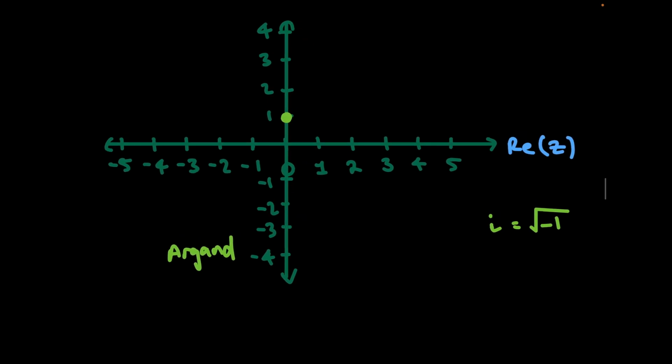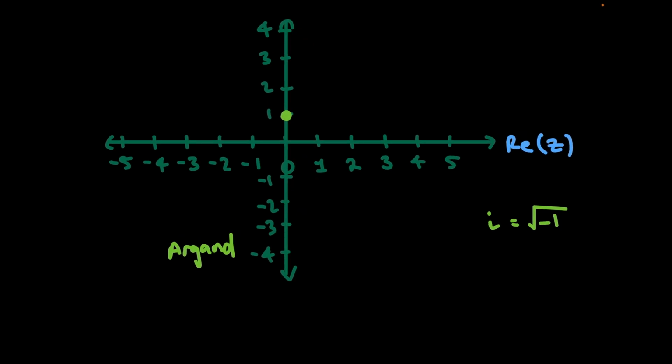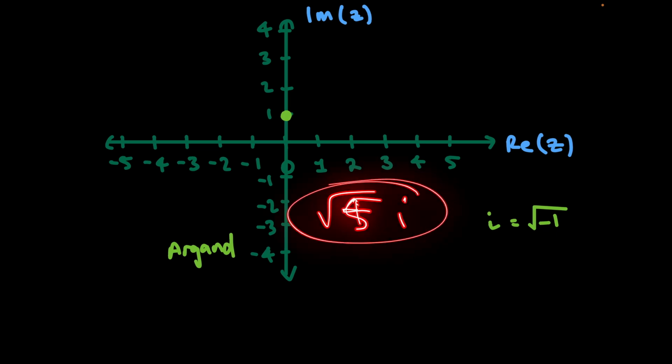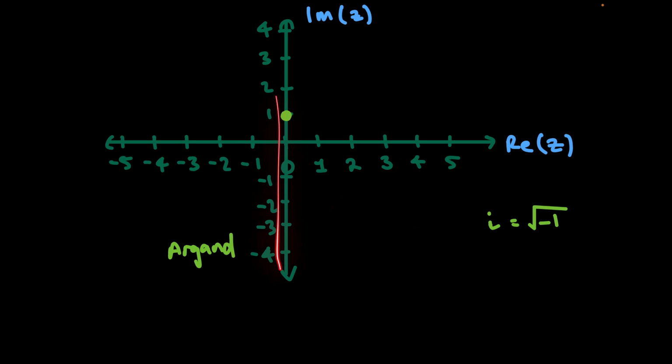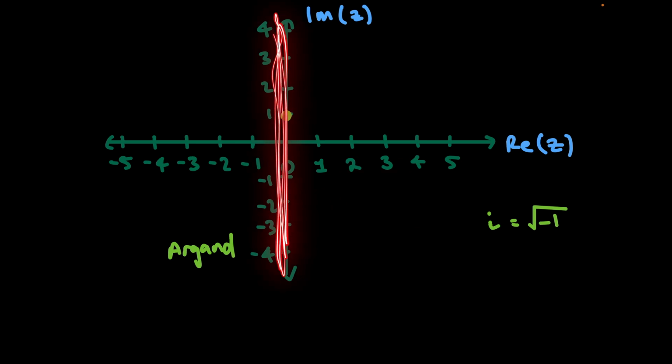But on this axis, we're going to have our imaginary axis. So we're going to write over here the imaginary component of z. So this will include every number to do with i. We can include pi i, we can include 2i, we can include the square root of 4i, square root of 5i, any number to do with i will exist on this number line here.